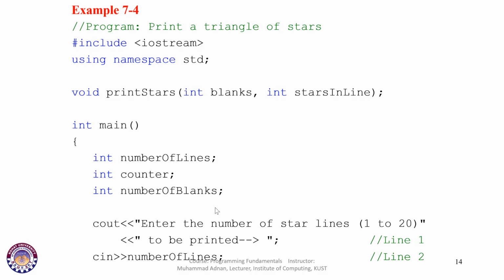Then we display a message to the user: enter the number of star lines from 1 to 20 to be printed. The user enters the number of lines, which is stored in the number of lines variable.